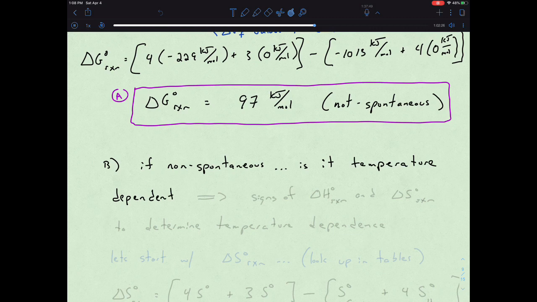And what that is getting at is we need to know now the sign of delta H and delta S to basically determine the temperature dependence.